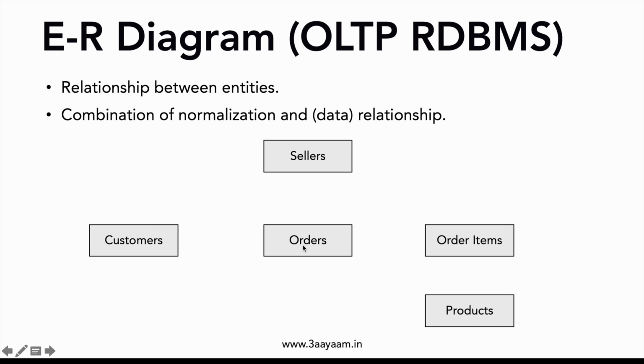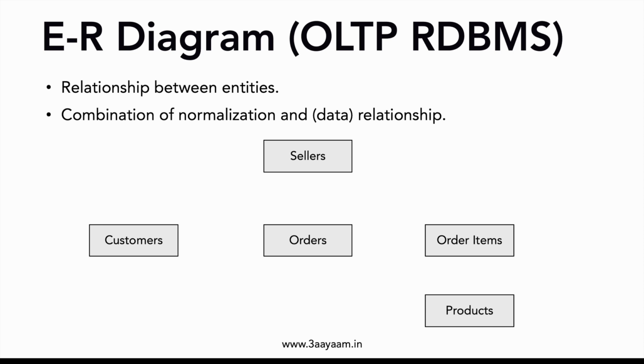Okay, so if we get inside the orders and we are defining the relationship between orders and customers from the perspective of the orders entity, we know that for each order there can be only one customer. We cannot have more than one customer for a single order.